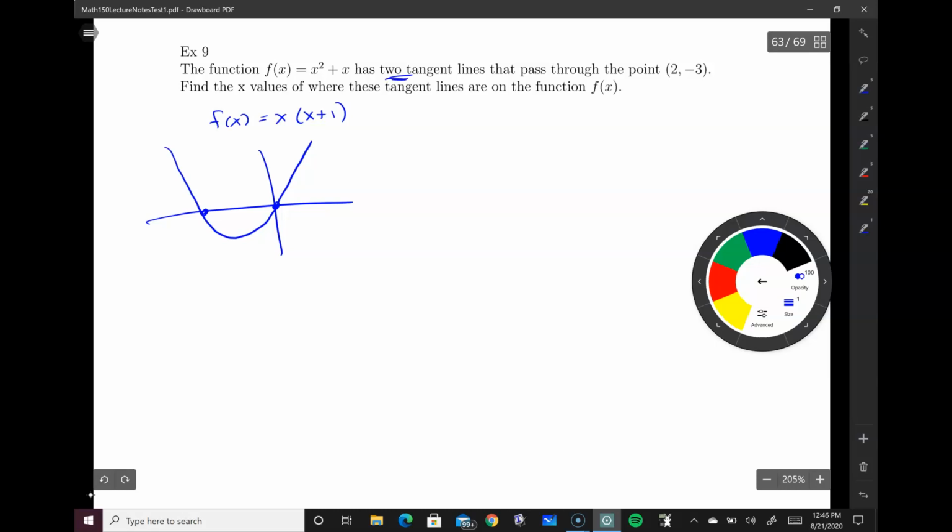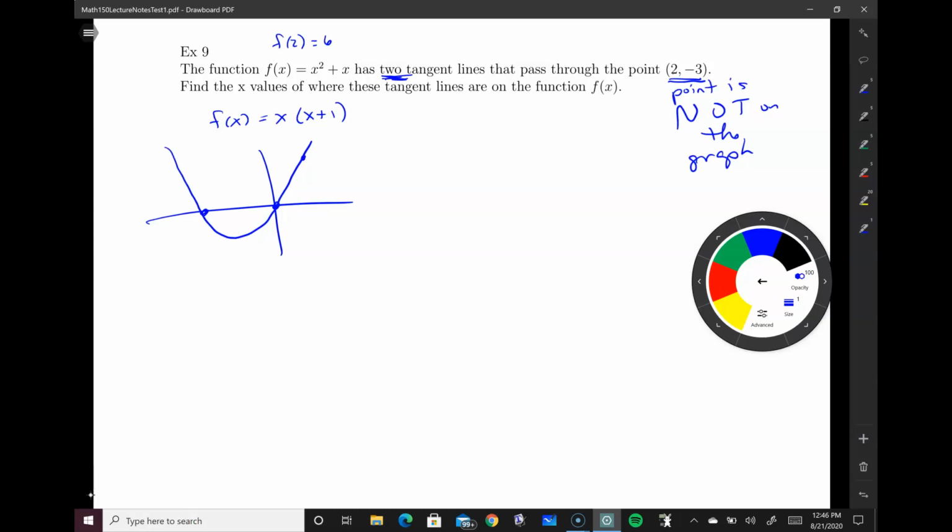What? I thought every point just had one tangent line. Okay, this is saying it has two tangent lines that pass through this point. This point is not on the graph. Think about it. If I put 2 into f of 2, I get 4 plus 2 is 6. So when x is 2, y is 6, right? That's the point.